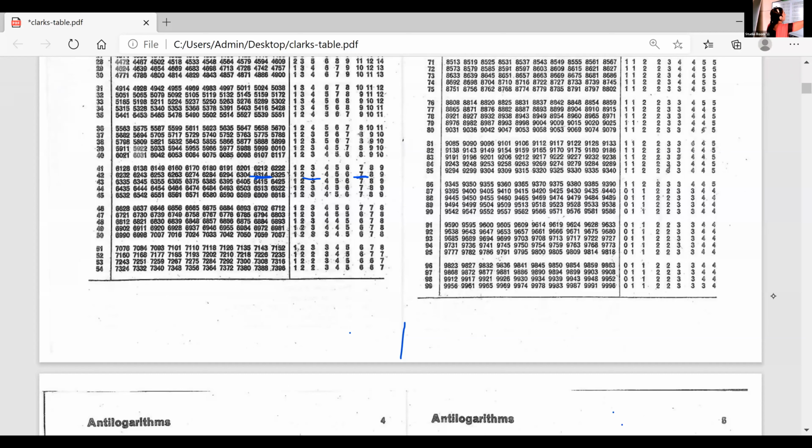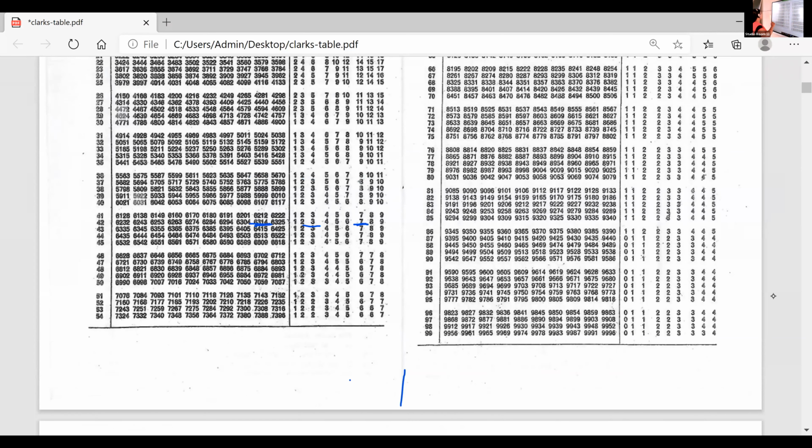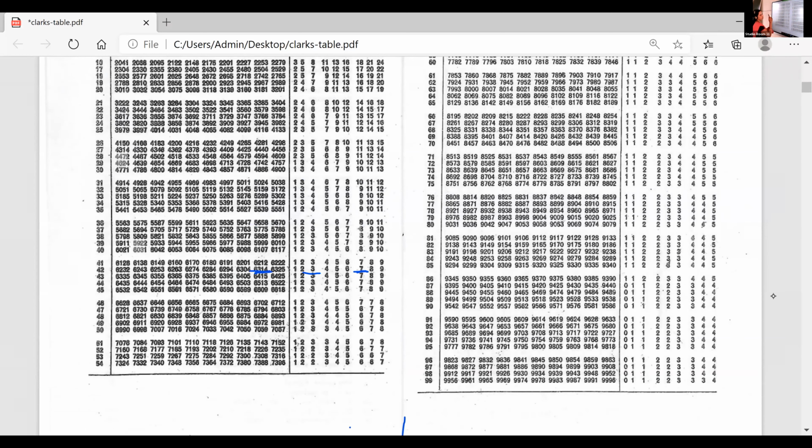Is it clear, children? Take it from the table. Take the log of 234. Karthik, can you give the answer? 3692. Yes, good. Is it correct? Others, Aditya Satyan, is it okay? Are you getting 3692, the log of 234?